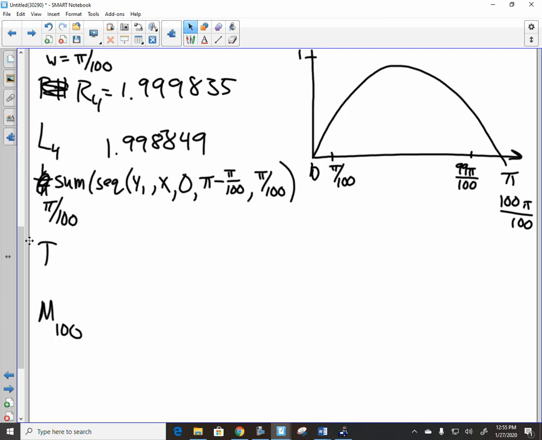So who can tell me what this spot, the middle of 0 and pi over 100, would be? Pi over 200. Anybody know what the middle of 99 pi over 100 and 100 pi over 100 is? It's 199 pi over 200.